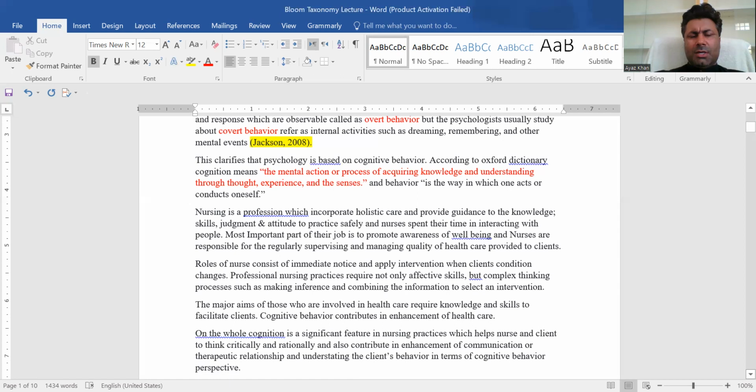Bloom's taxonomy is basically focusing on the cognitive process.